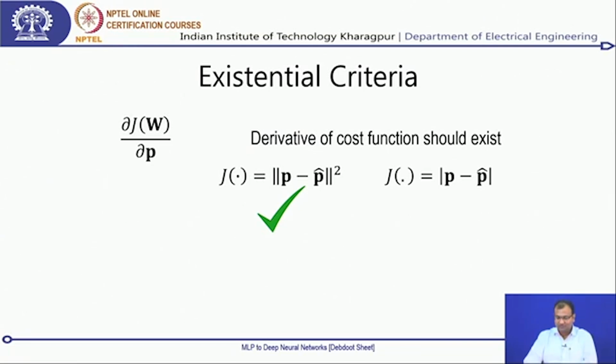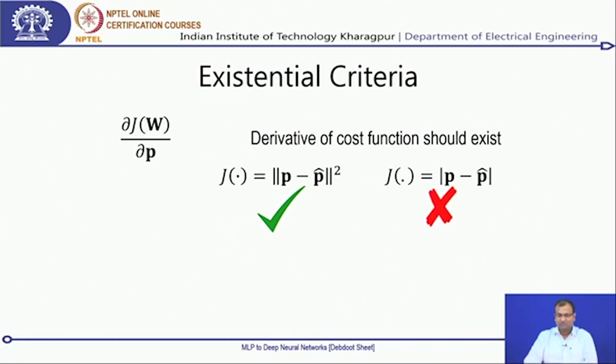Now you have the second one, and this is where the fun is. Do you think that the derivative of this one will exist as well or not? Just take a few seconds over here while I wait. If you look into this carefully, the derivative will not exist.